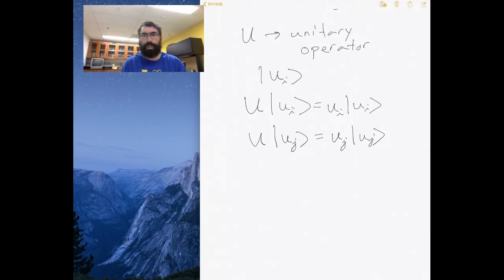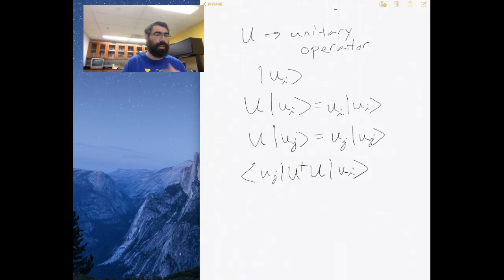Okay, so let's do the inner product of these two. Let's take the product of u sub j with its operator acting on it, and since it's a bra, we have to operate with the adjoint, and we take that product with the eigenvector u sub i.